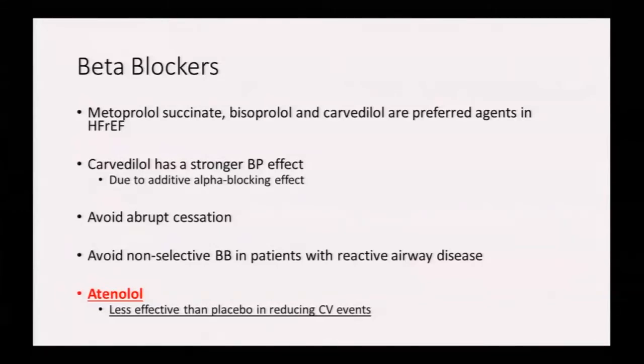Atenolol is a beta blocker that we commonly see used for hypertension and other indications if our patient has heart disease or something like that. It's not really an appropriate medicine to use in this group. It was shown to be less effective than placebo in reducing cardiovascular events.